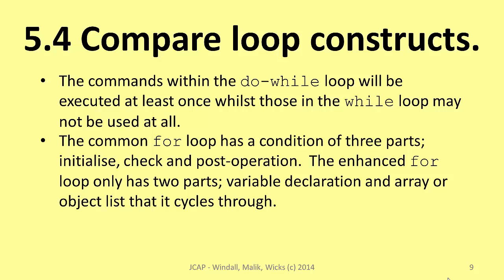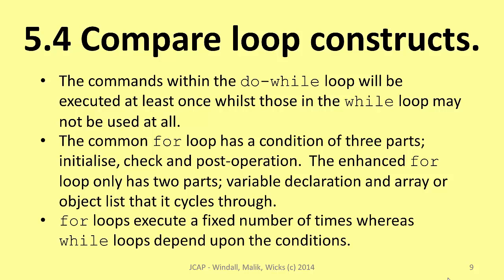The enhanced for loop has only 2 parts: a variable declaration and an array or object list, and it cycles through that array or object list. For loops execute a fixed number of times, whereas while loops depend solely upon their conditions.